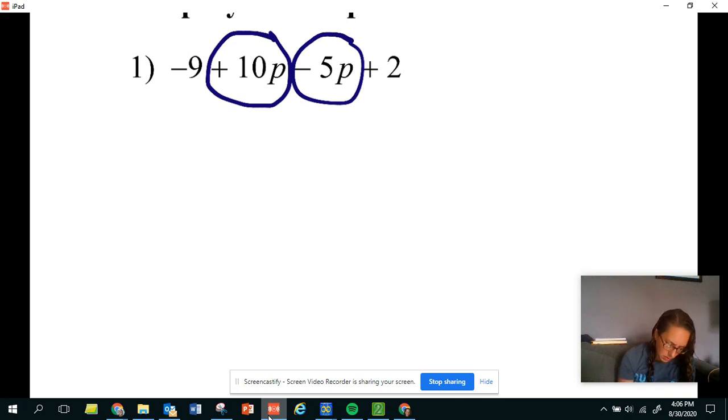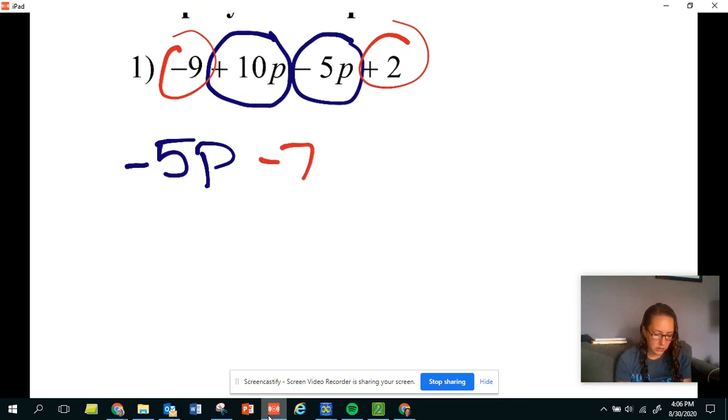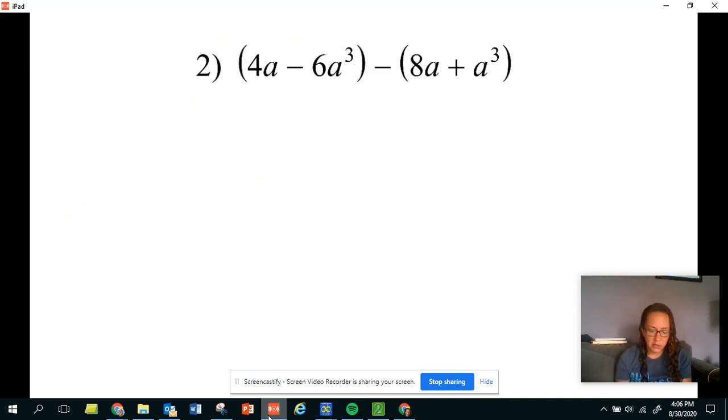So like 10 plus -5 is -5p, and it's just going to stay that way. And then I've got two numbers that don't have any variable at all, and they go together, and I get -7, and ta-da, we're done. Okay. Remember that if you're ever subtracting, you have to subtract everything in the parentheses after it.